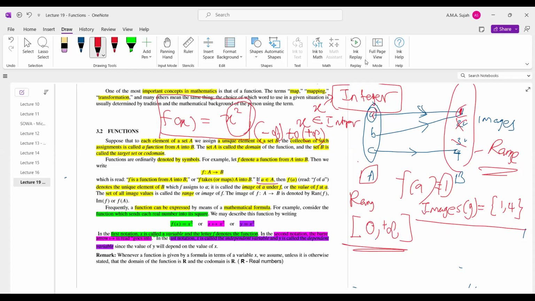Between this range, it will take the codomain elements. Even if x is a negative value, it always gives a positive because this is a squared function. If you square a negative value, it becomes positive.